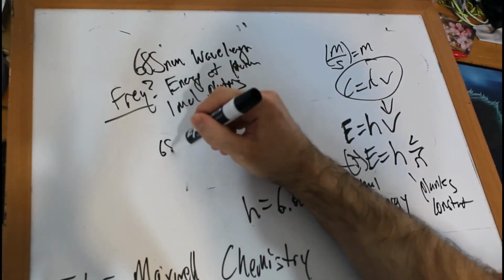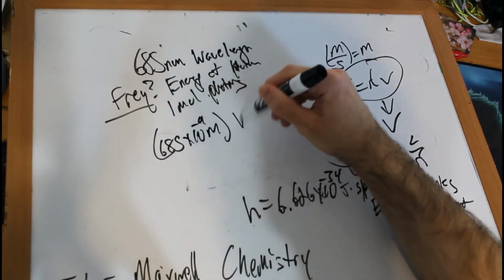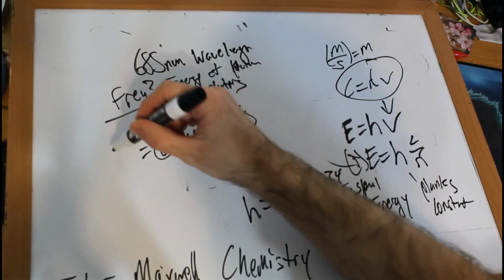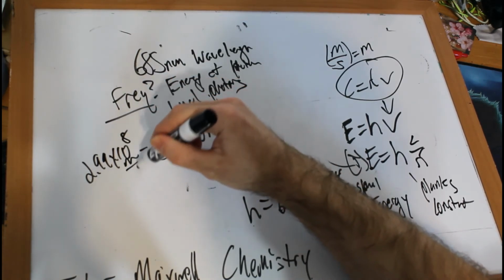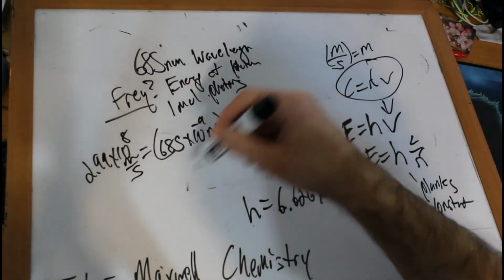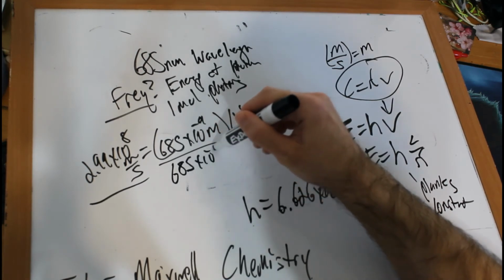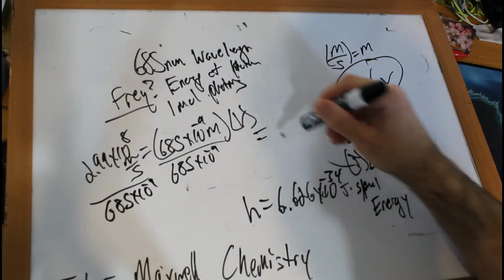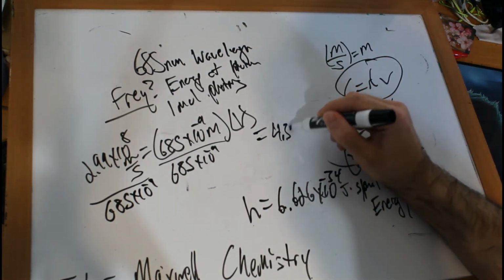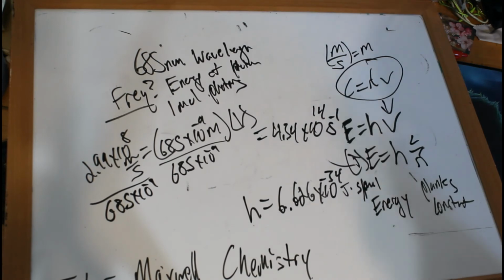So that's going to be 685 times 10 to the negative 9 meters times our frequency is equal to the speed of light, 2.99 times 10 to the 8 meters per second. So we just have to divide both sides by our meters. And that gives us our frequency of 4.34 times 10 to the 14 s negative 1. So there's our frequency.